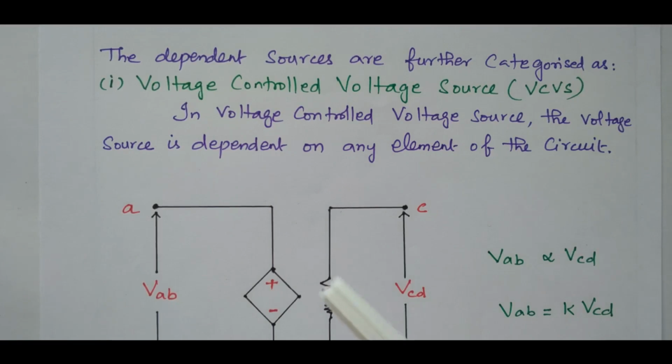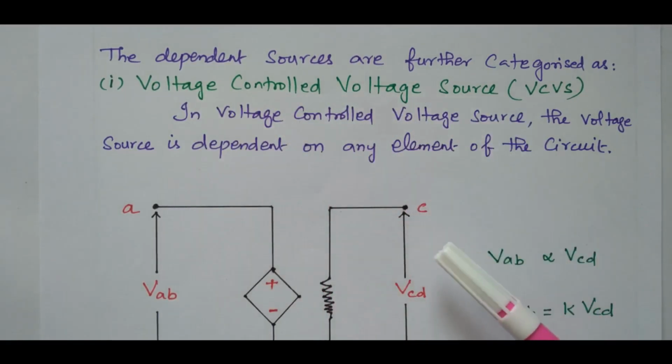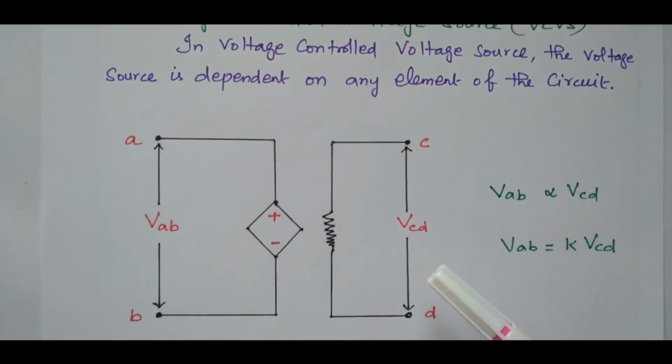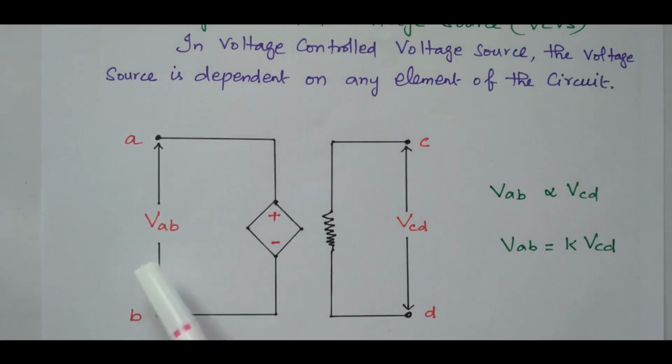So first we will see the voltage controlled voltage source. See the diagram. So this is the voltage source, terminal AB. Due to being dependent, it is represented by the diamond shape. The voltage across terminal AB is VAB.